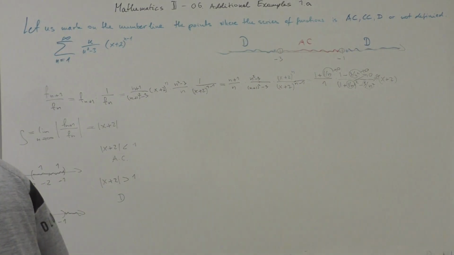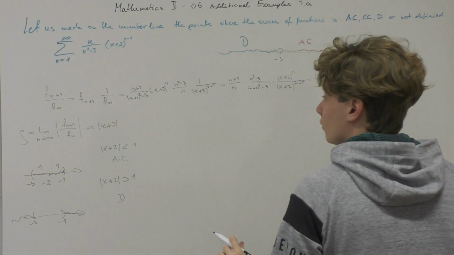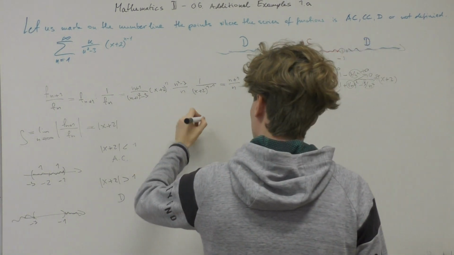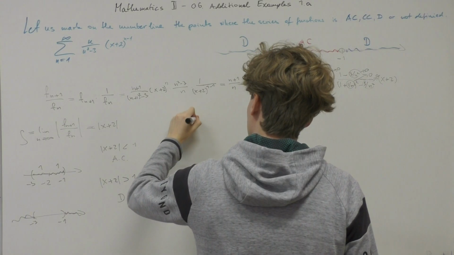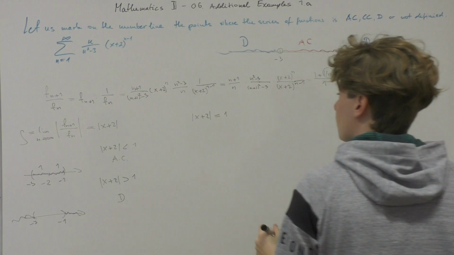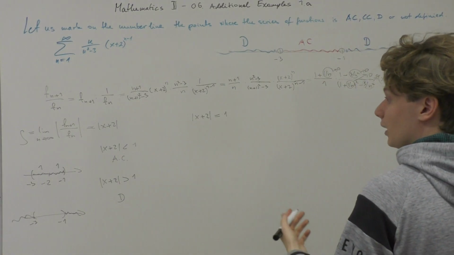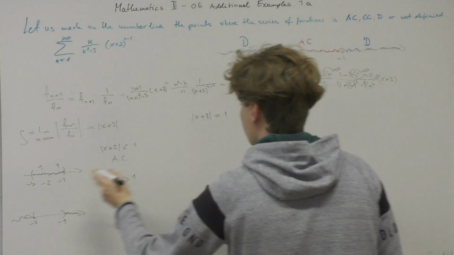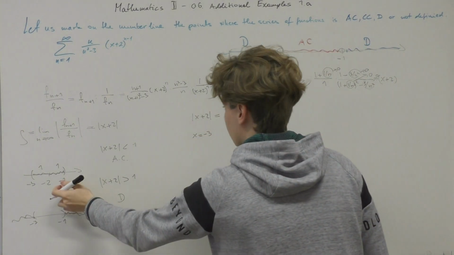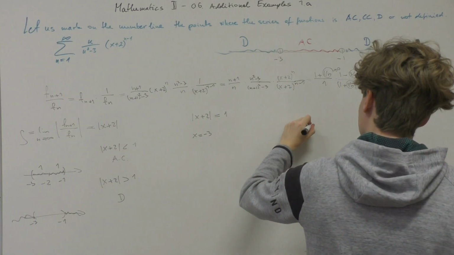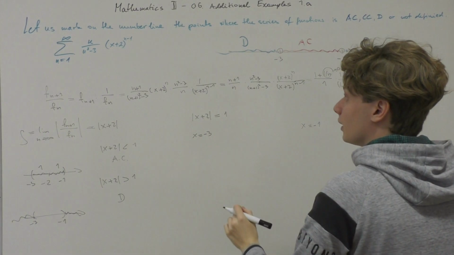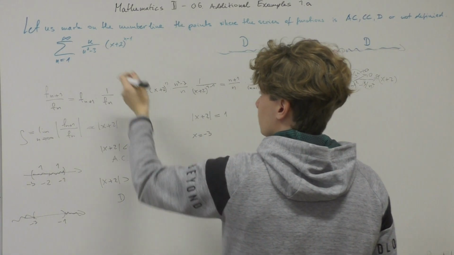Now we have only one case left, when rho is 1. So when rho is 1, then the absolute value of x plus 2 is 1, and this means that x could be minus 3, or x could also be minus 1. If x is minus 3, then we have to write minus 3 here instead of x.